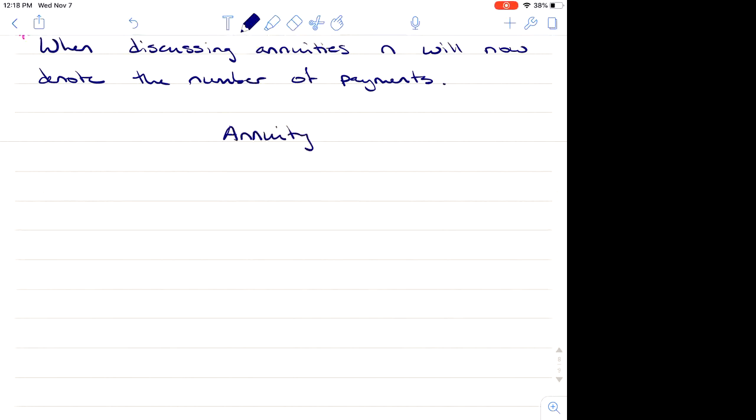So the first type of annuity is you can have an ordinary annuity or an annuity due. An ordinary annuity is where the payments are made at the end of each payment period. It was late last night when I read these notes. Okay, at the end of the payment period. And that's what we've kind of been assuming.